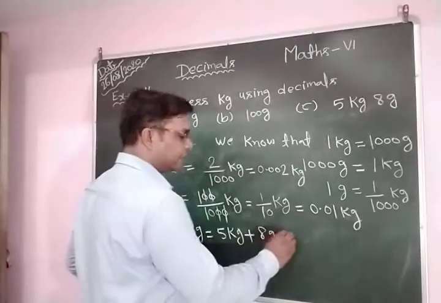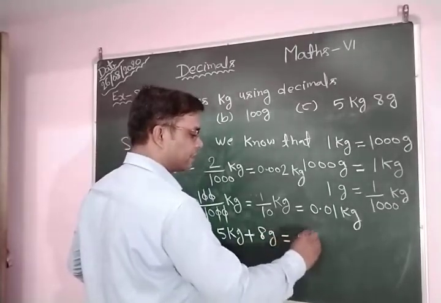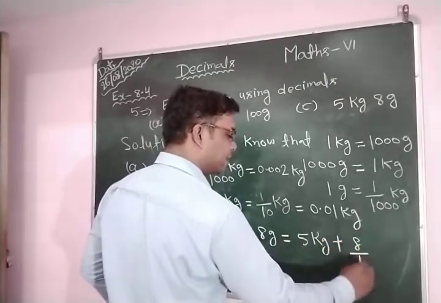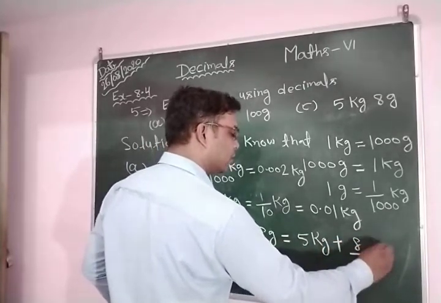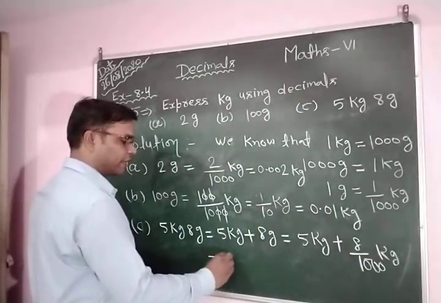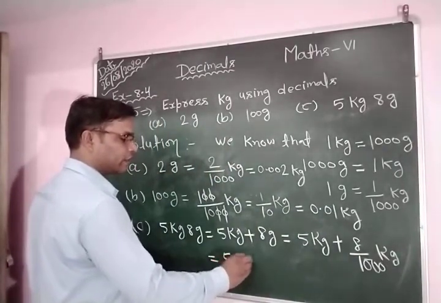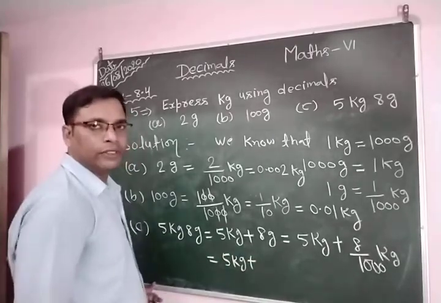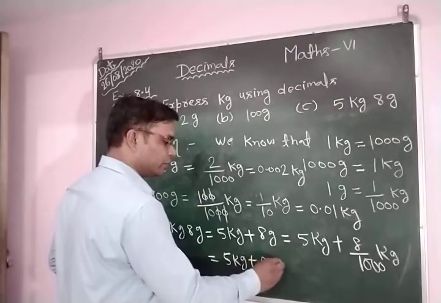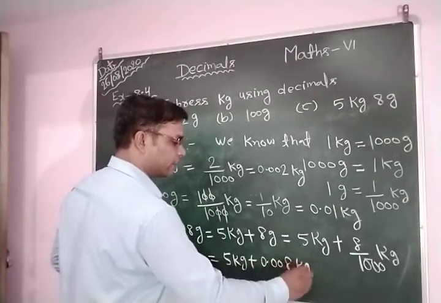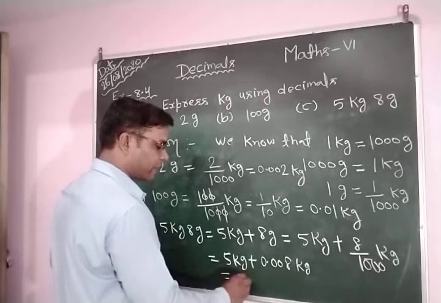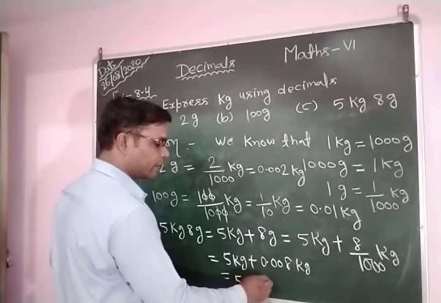So you can write 5 kg plus 8 by 1000 kilograms. 8 by 1000 kilogram is 0.008 kilogram, so this is equal to 5.008 kilograms.